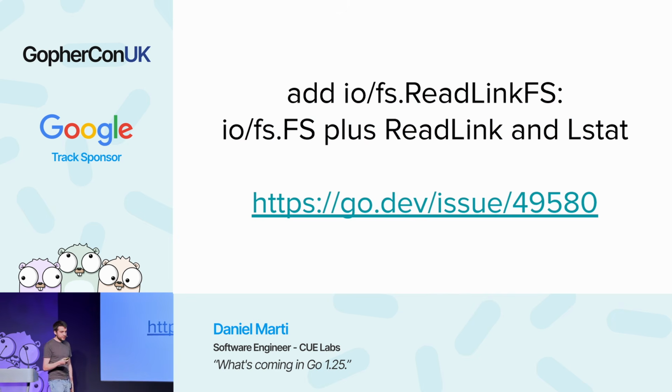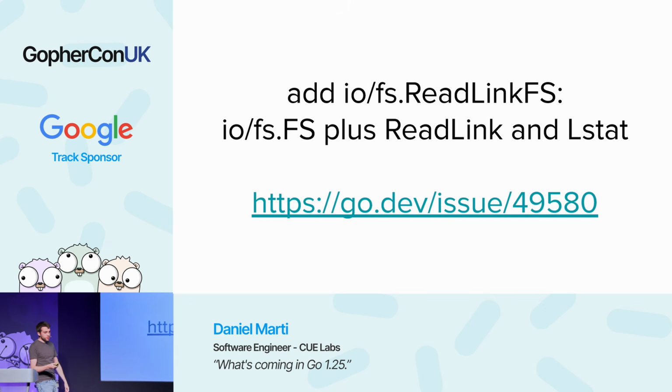Another change is an interface. We've had io/fs for a long time, which is a read-only file system abstraction as an interface. But it only has pretty basic operations on it, like open file. It also has read file. It also has read directory, things like that. It allows you to basically walk a set of files and open them and read them.